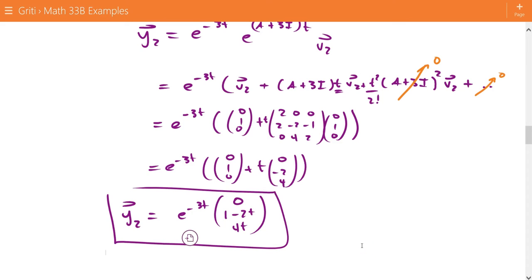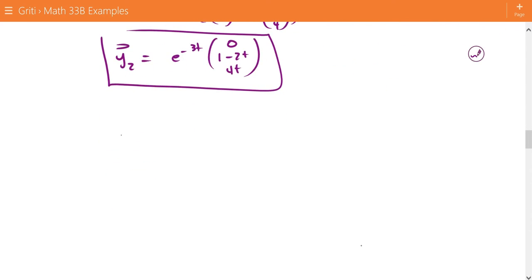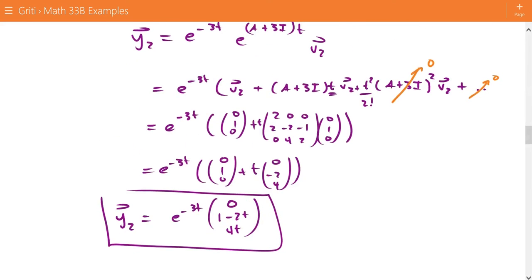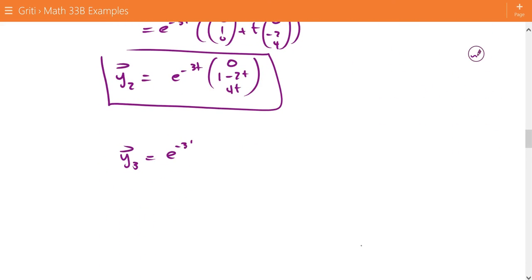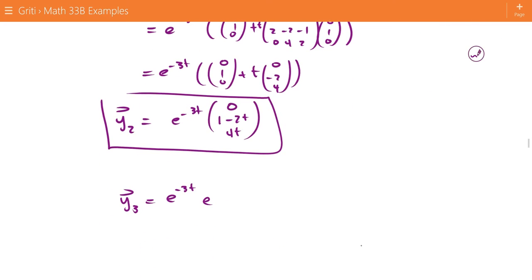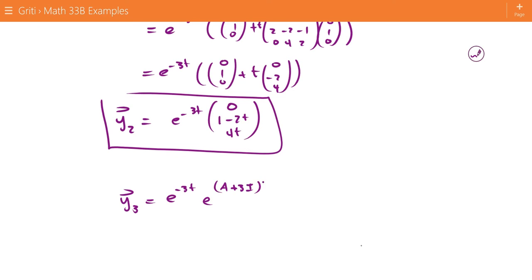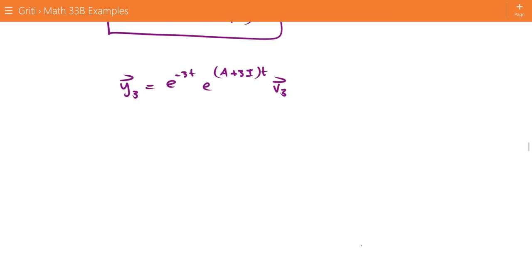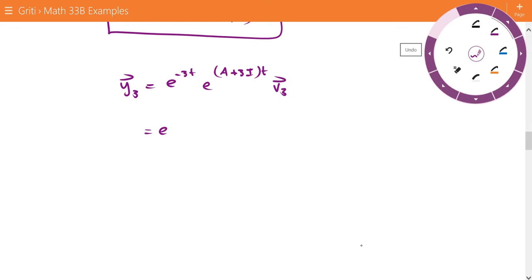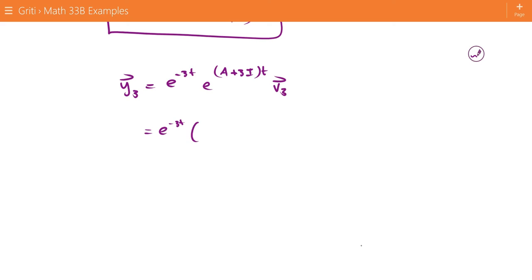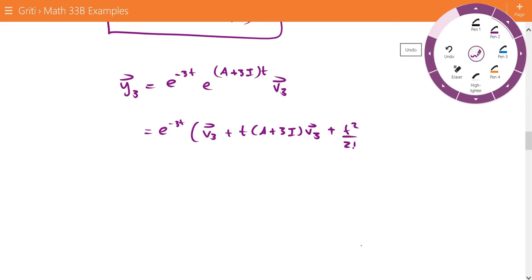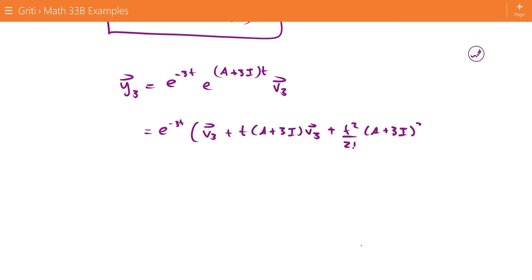Now to find y3, we do the same thing, so e to the -3t times e to the (A plus 3i)t times v3 now, and that's going to be e to the -3t times v3 plus t (A plus 3i) v3 plus t squared over 2 factorial times (A plus 3i) squared v3.